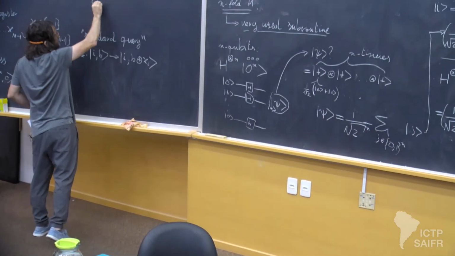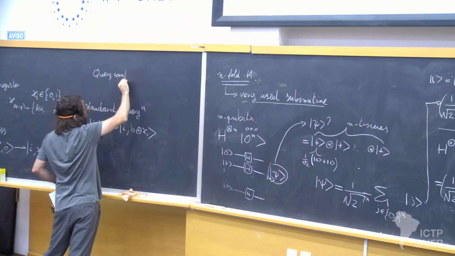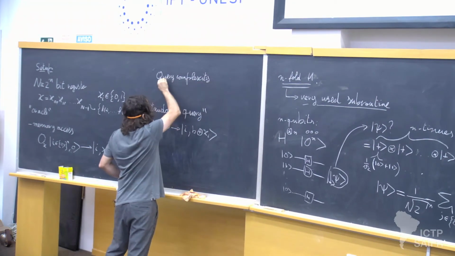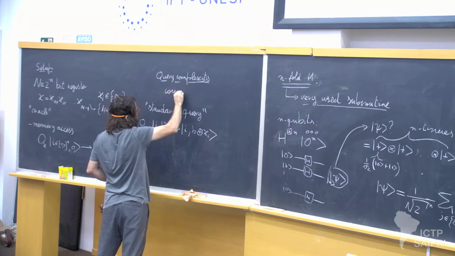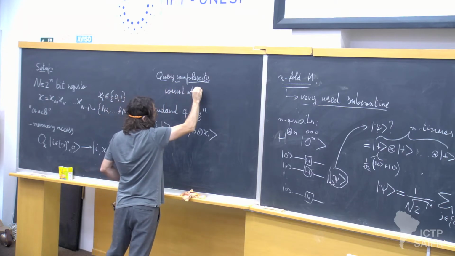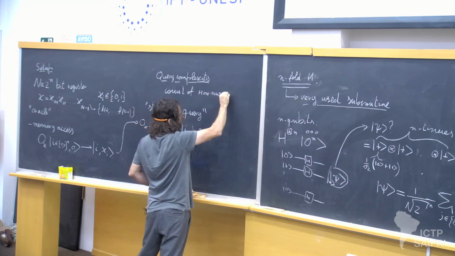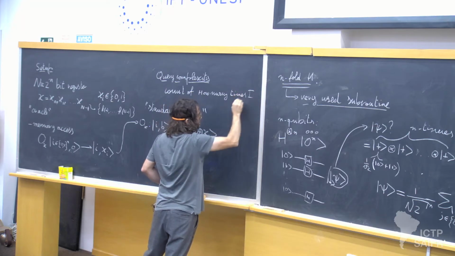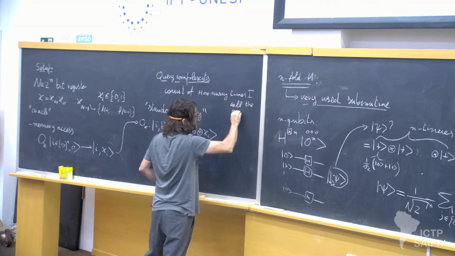So query complexity will be simply a count of how many times I call the oracle.